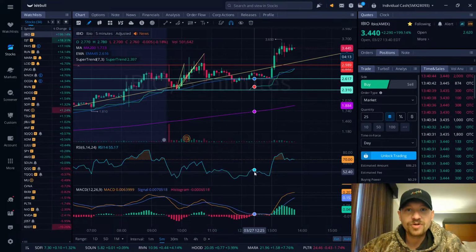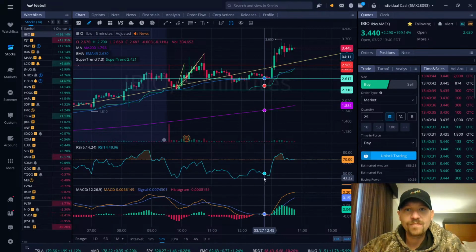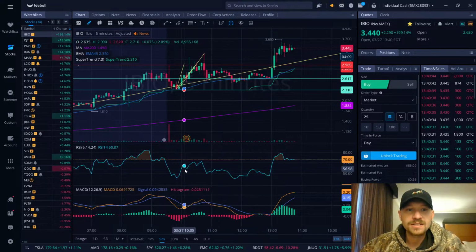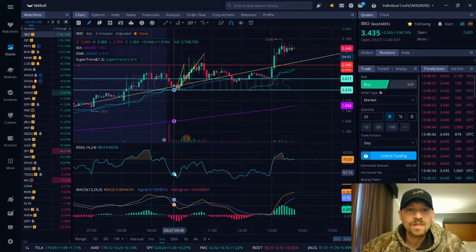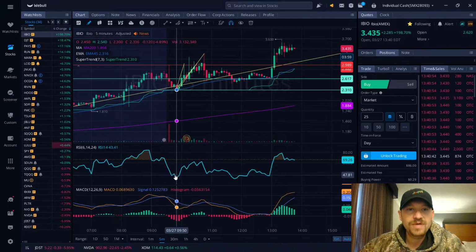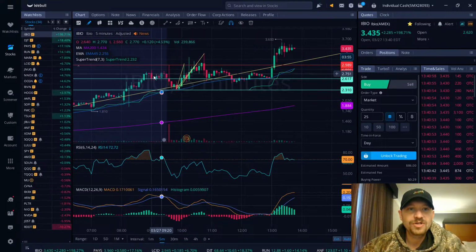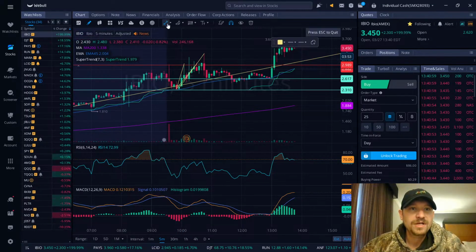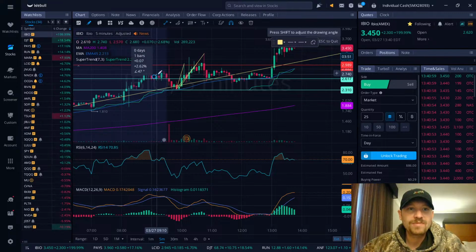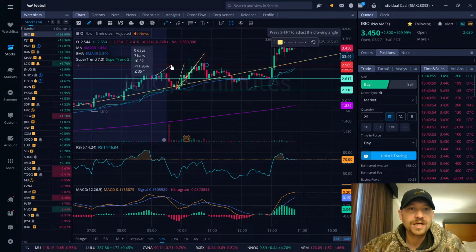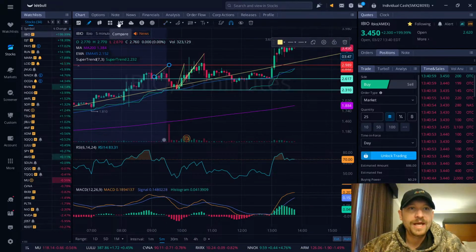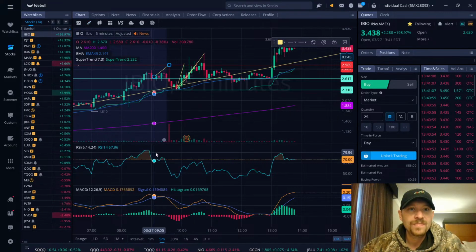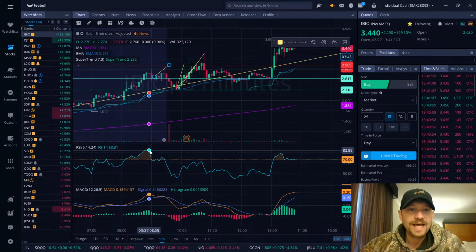Let's see, what's a good divergence? Right here. Nope, that's the same. That's the same. Possibly right here is a divergence. This could also be a divergence right here. Yeah, there we go. Here's a divergence. Right before market open, it was going up, and at the same time, it was going down.